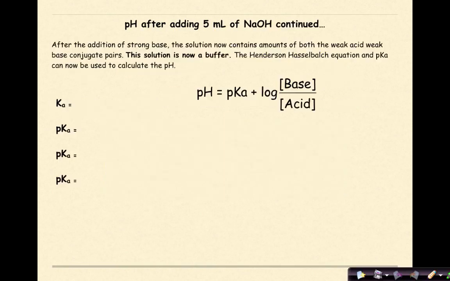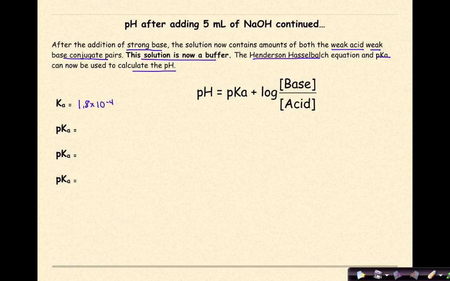After the addition of a strong base, the solution now contains amounts of both weak acid, weak base conjugate pairs. The solution is now a buffer. The Henderson-Hasselbalch equation and pKa can now be used to calculate the pH. So my initial Ka is 1.8 times 10 to the negative 4.